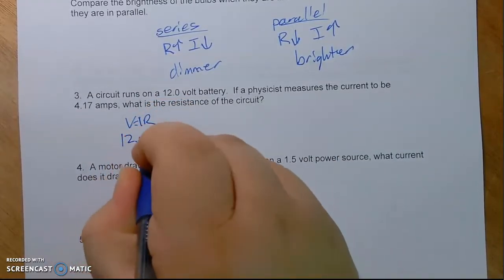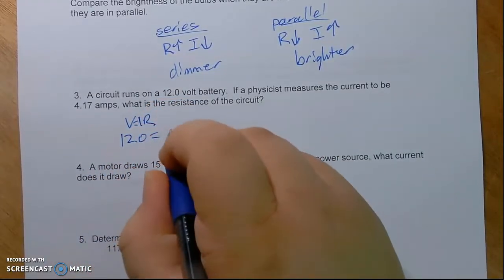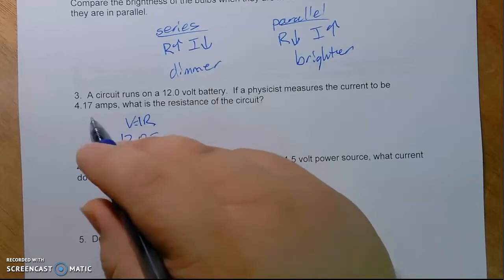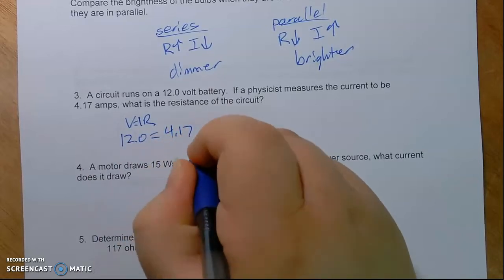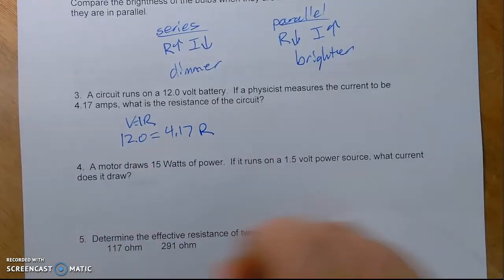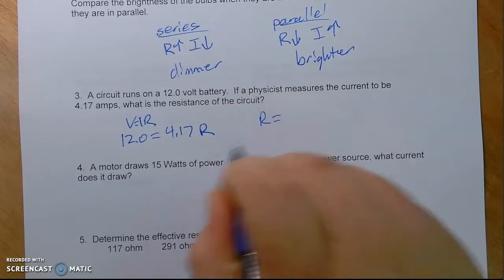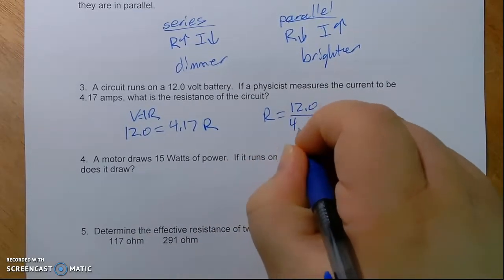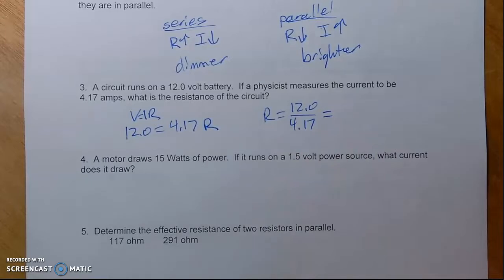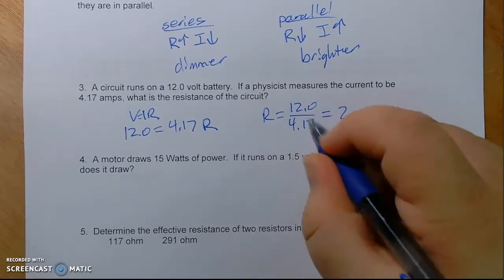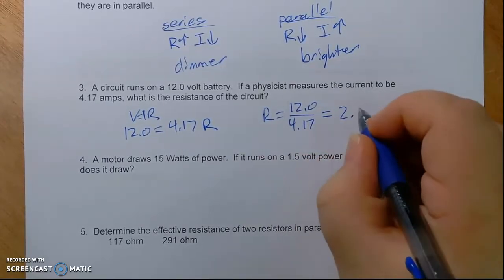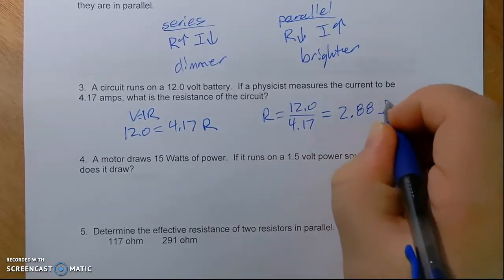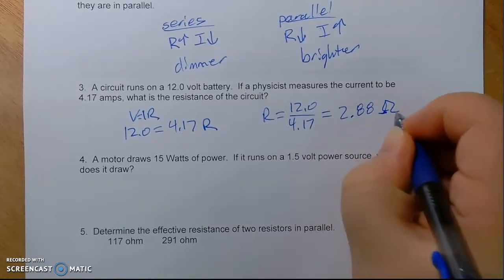So 12.0 equals 4.17 times R. R is 12.0 divided by 4.17. With 3 significant digits, we get 2.88 ohms.